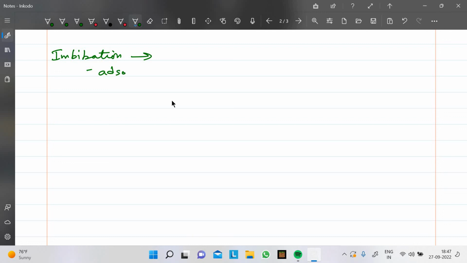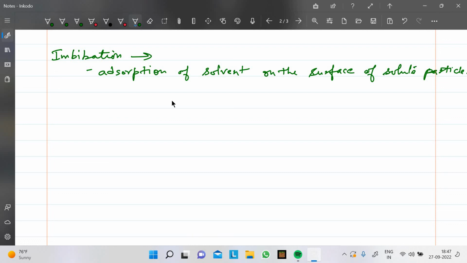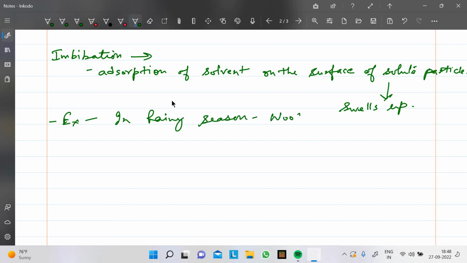Adsorption of solvent on the surface of solute particles. What will happen? The solute particle swells up. This is imbibition. What is its use? An example is in the rainy season, wooden doors swell up by absorbing moisture.